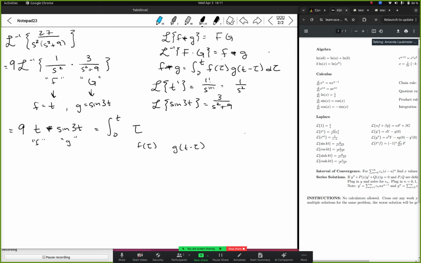And then g of t minus tau, I'm going to have to plug in t minus tau for my second function.